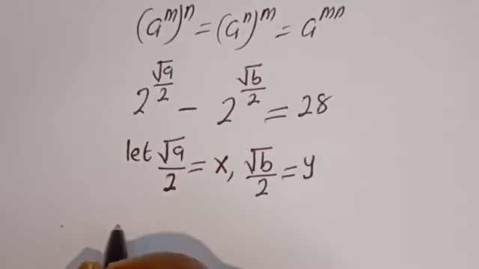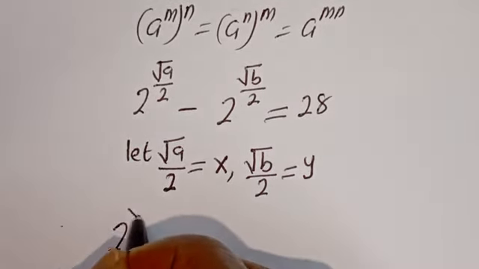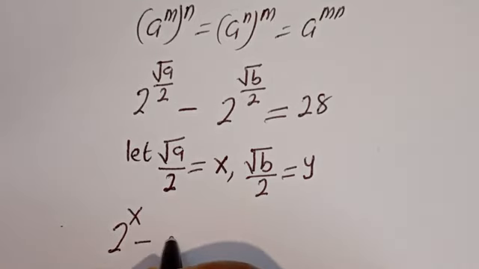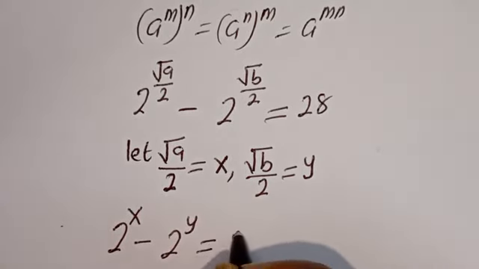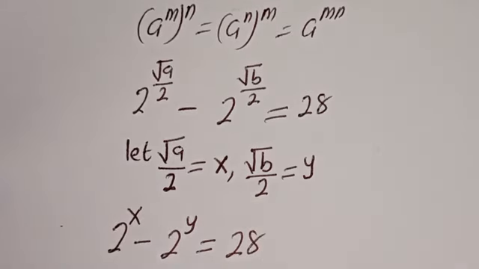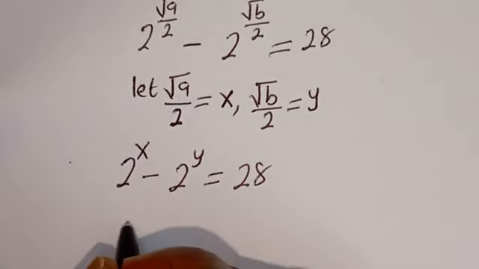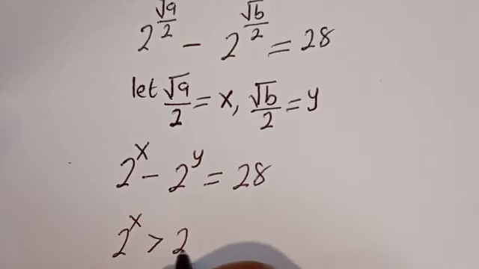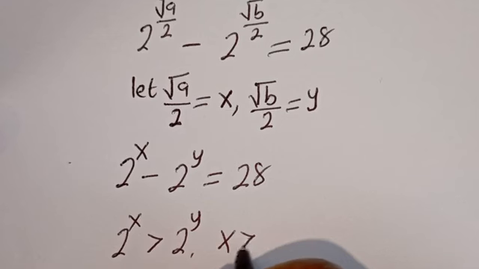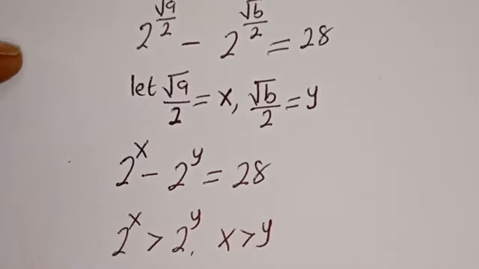This equation can be written as 2 to the power of x minus 2 to the power of y is equal to 28. Now, if you look at this, you can see that 2 to the power of x is greater than 2 to the power of y. Therefore, x is greater than y.